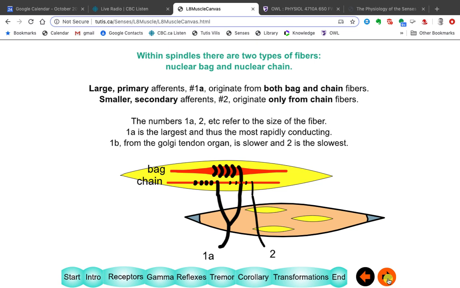The spindles have large diameter fibers coming out of it, called the 1A fiber, and a small diameter fiber coming out of it, called the 2 fiber.